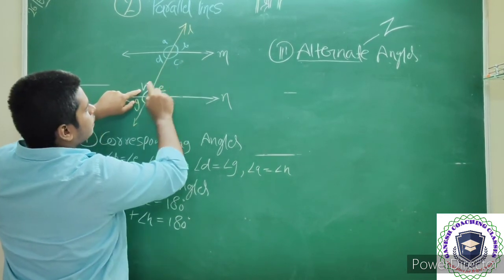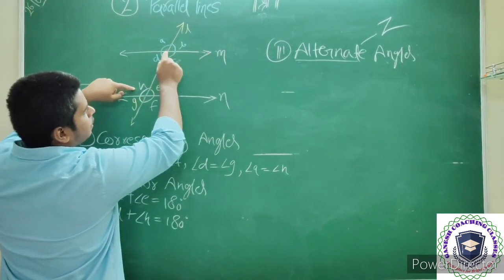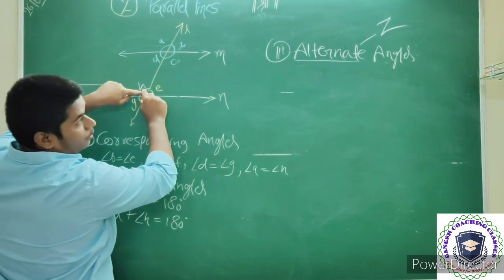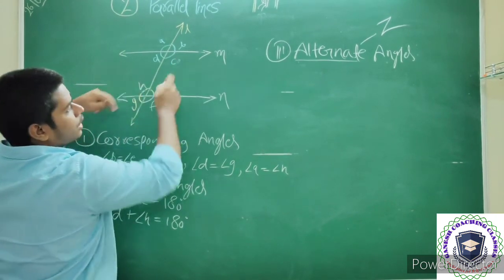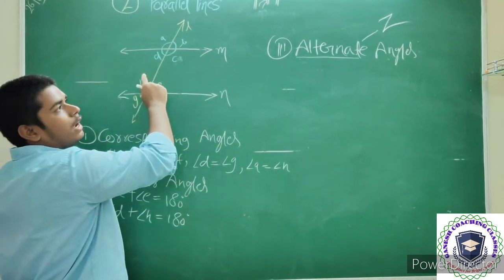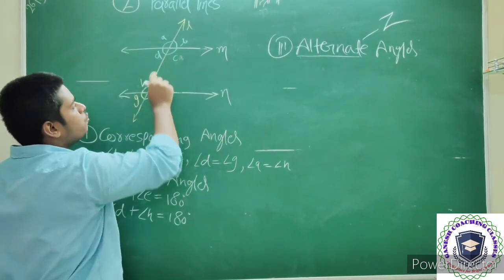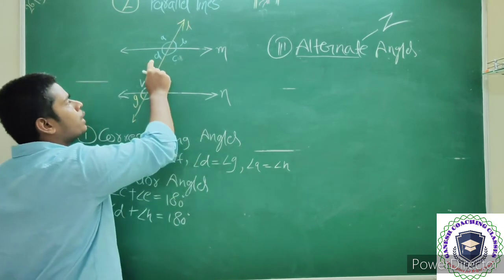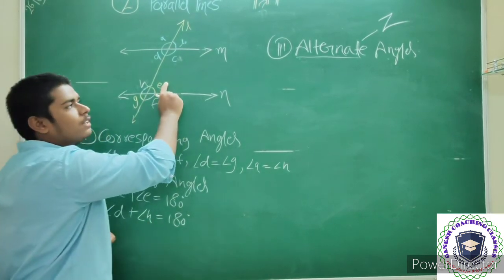First one is C and second one is H. Trace it: here we are getting H and here we are getting C. So C and H are the alternate angles, and in the second, which two angles are alternate angles? First one is D and second one is E.